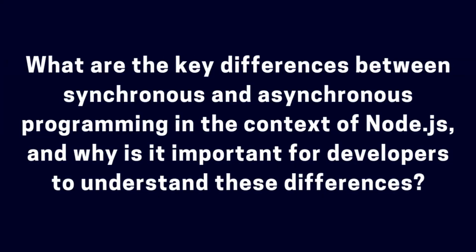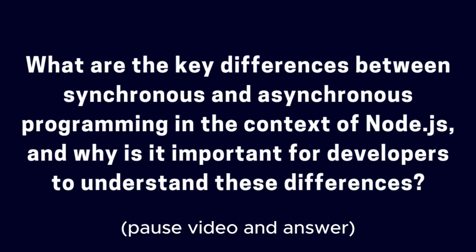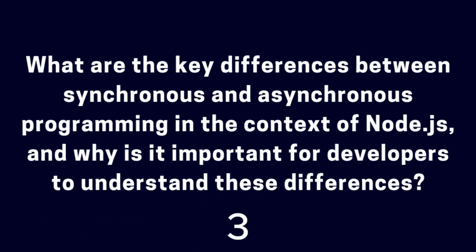What are the key differences between synchronous and asynchronous programming in the context of Node.js, and why is it important for developers to understand these differences? Synchronous programming in Node.js executes tasks one after the other, blocking the execution of subsequent code until the current task is finished.